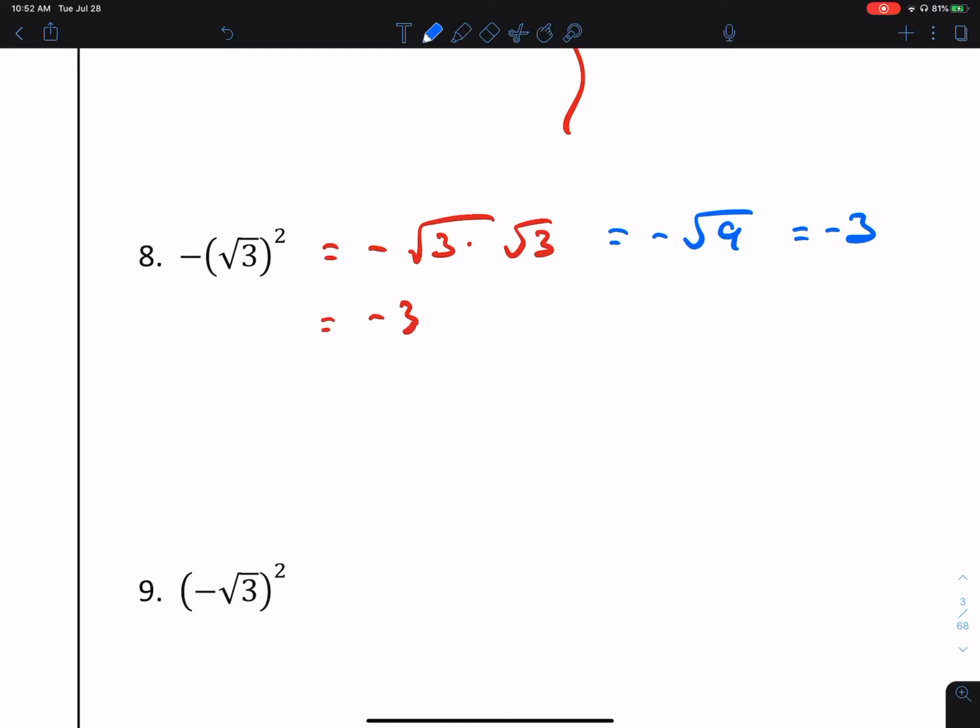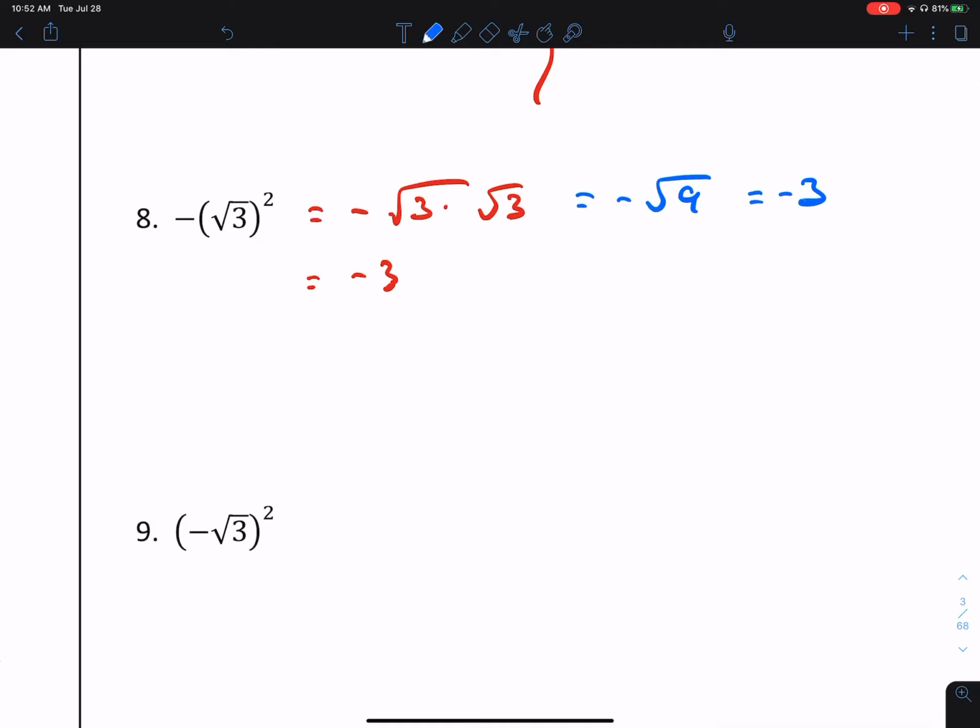Number 9 is a very similar problem, but it's different. I'll put this here intentionally. 8 says, take the square root of 3, square it. When you're done, change the sign. 9 says something a lot different. It says, take negative square root of 3 and multiply it by itself. So this is going to be a negative square root of 3 times a negative square root of 3.